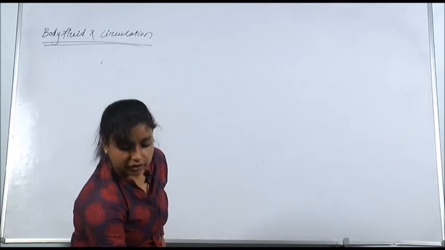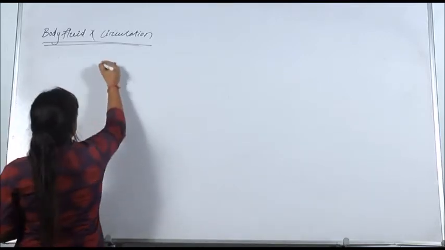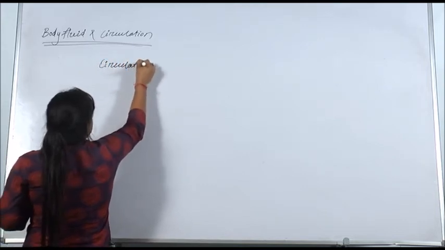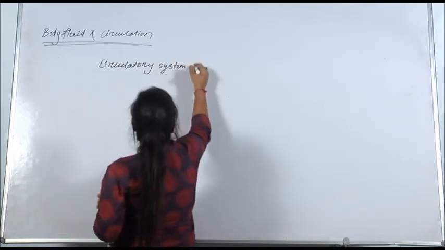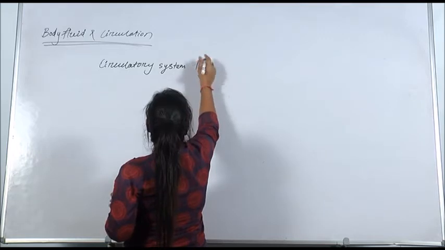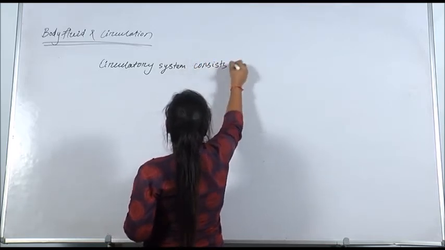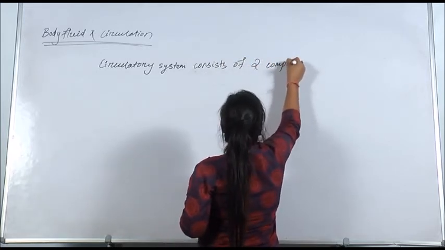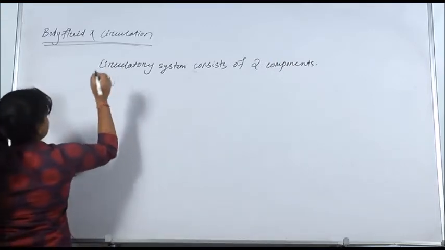So the circulatory system consists of two components. What are the components of the circulatory system?